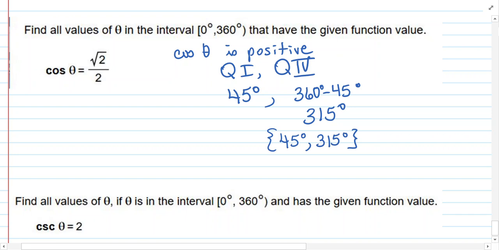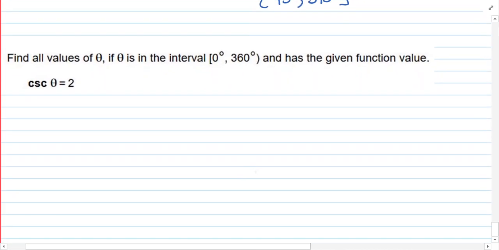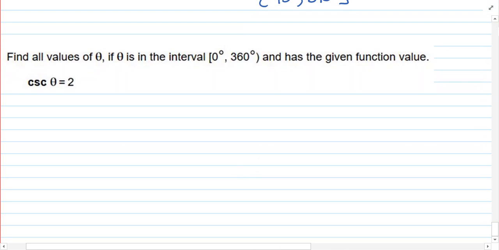In each case, challenge yourself to make the position be correct. So cosecant theta means that sine theta is 1 over cosecant theta.